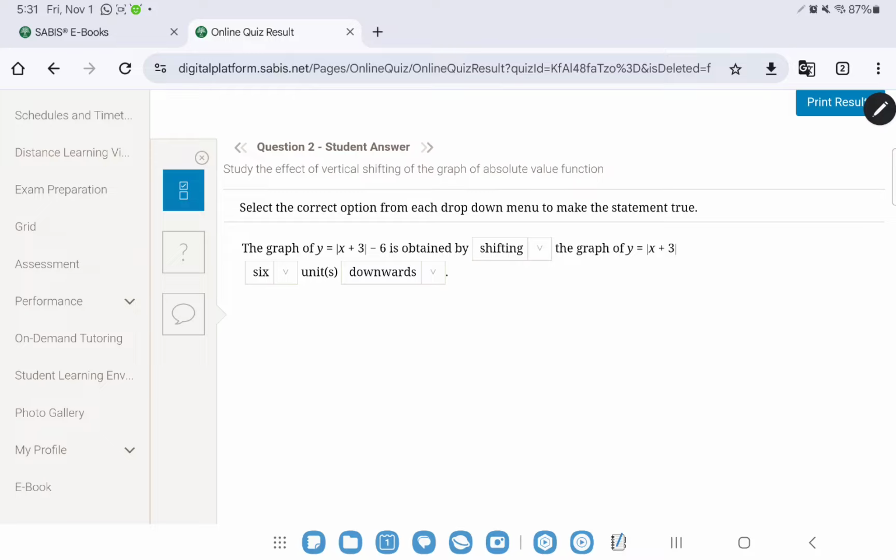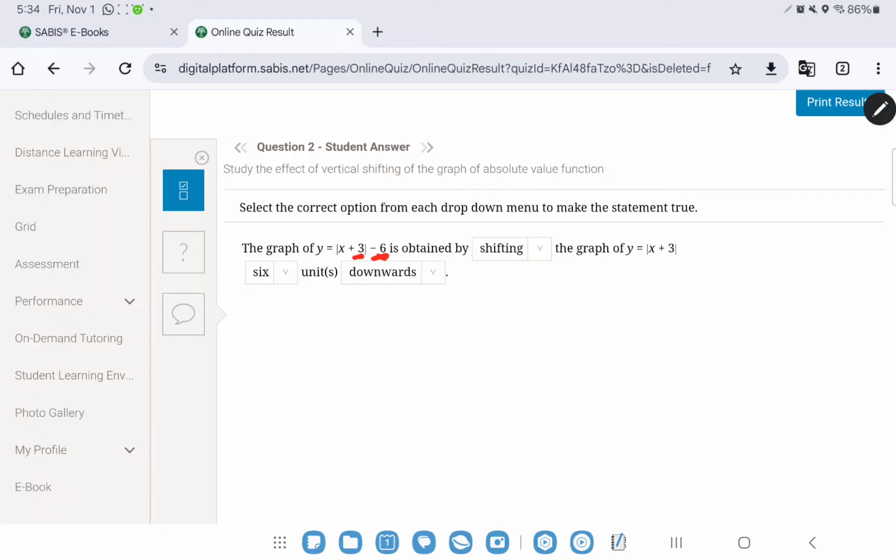The graph, okay. So the graph of y equals absolute value of x plus 3, minus 6 is obtained by shifting the graph y equals absolute value of x plus 3. So look, whenever you're changing this value or this value, it's shifting. When you're changing the a value, I'll show you about that later when we get to a question about it, if there is any.